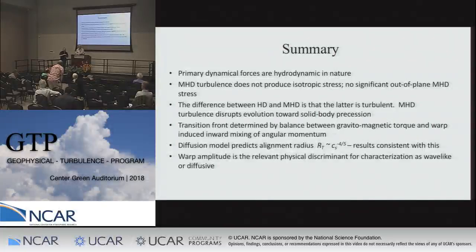Perhaps I missed it, but what is the role of the relativistic effects in this problem? In producing the warp, yeah. Actually there are two relativistic effects. One I modeled and one I didn't. One is that the space-time potential is not 1 over r squared, so there's an apsidal precession that just comes from the geometry of space-time.